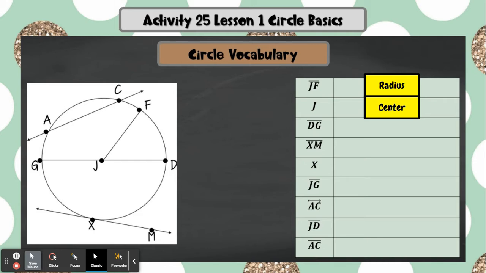This is how we name the circle. Then we have line DG, and notice it's going through that center, so this is the diameter. XM touches the circle once, so this is a tangent.